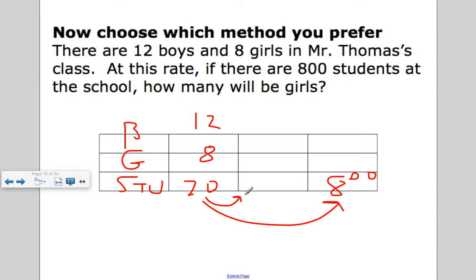I want to multiply by 5 first and get 100. Times 5 is 40. Times 5 is 60. Now can 100 go in 800? Times 8. So 40 times 8 is 320. 60 times 8 is 480. So there are 480 boys, 320 girls, 800 students, so the answer is 320.